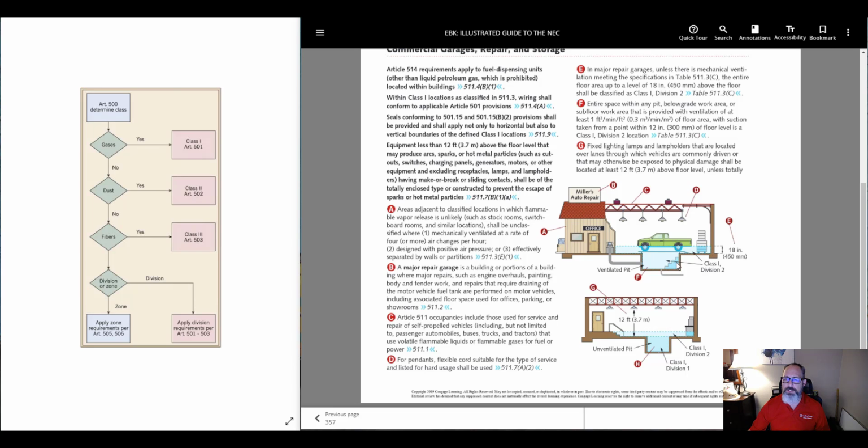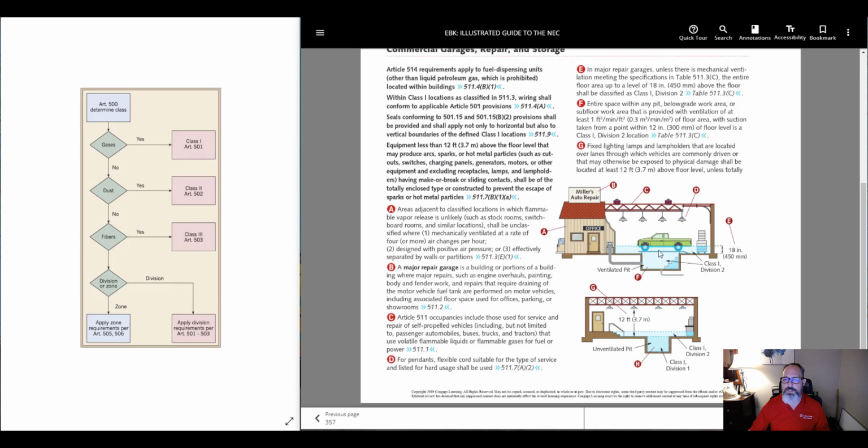So what we see here is that in the pit, if it's ventilated, it would be Class 1 Division 2. So a ventilated pit where they're pulling any vapors into a special ventilation system, that would be a Class 1 Division 2 in the pit and above the pit, 18 inches up.